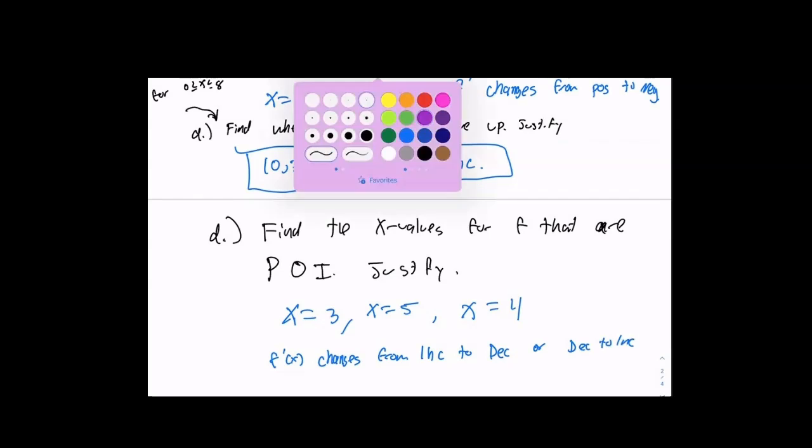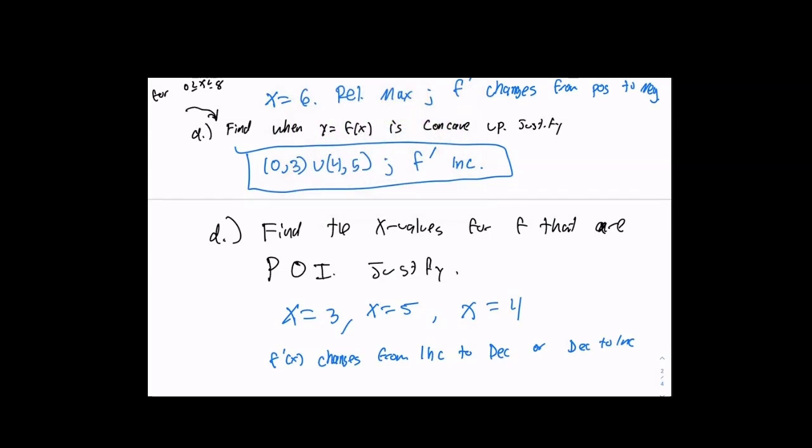Technically, that's where it goes increasing, decreasing, and that's where it goes from decreasing to increasing. You don't really have to specify which one was which. You can just state both facts. We're not worried about if it was doing one versus the other for points of inflection. We don't care if it goes concave up to concave down or concave down to concave up. There is no difference between those.